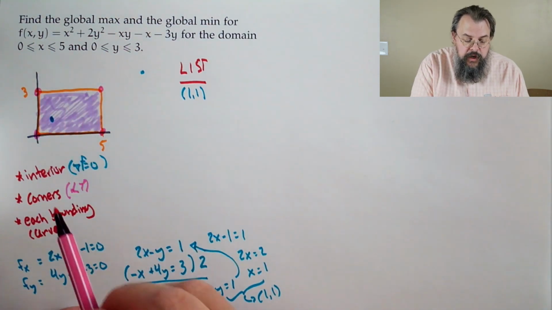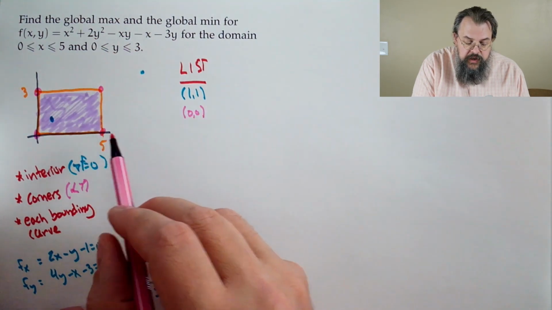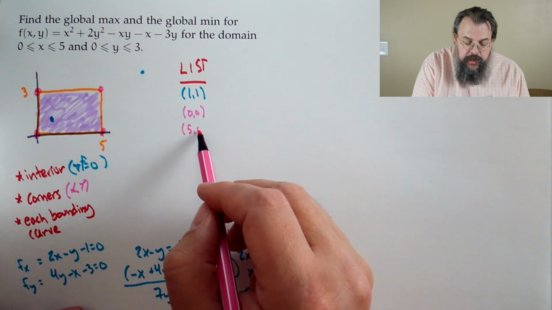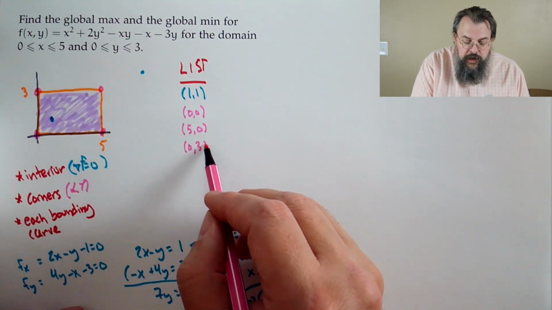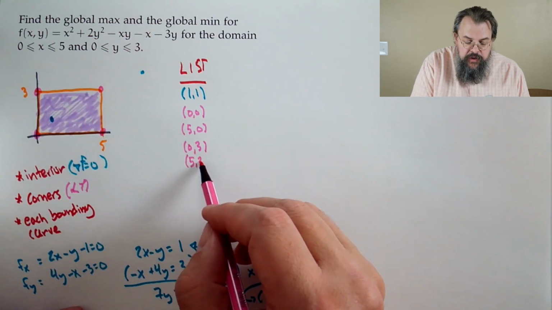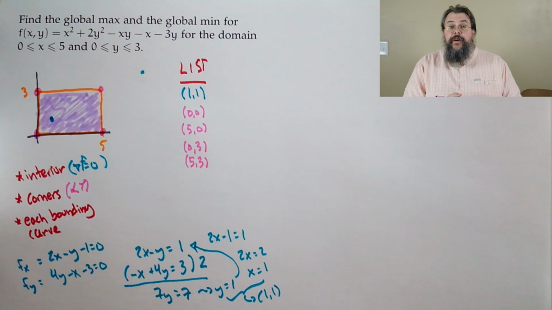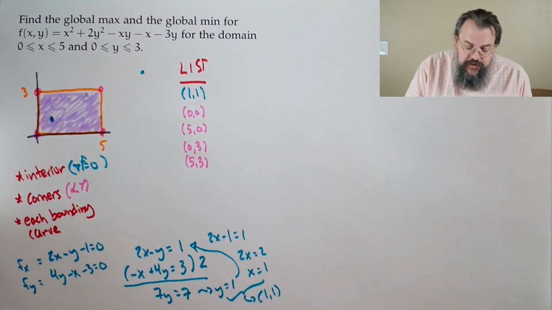Where are they? Well, (0, 0). Here at x equals 5, y equals 0. Here is at x equals 0, y equals 3. And here it's at (5, 3). All right, good. So those have made our list.